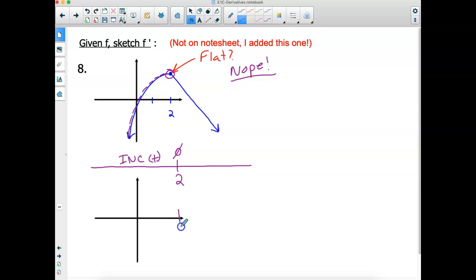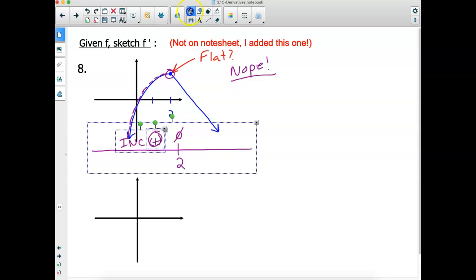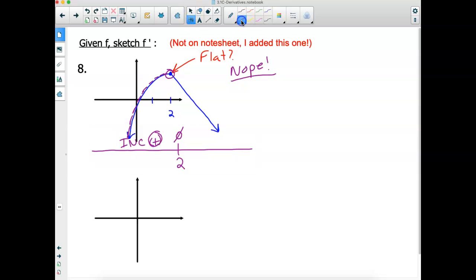So I'm going to come down here to 2, and these are increasing, meaning positive tangents. I've got to write a new 2 in there, moving this up a little bit, and I'm going to put my 2 here.